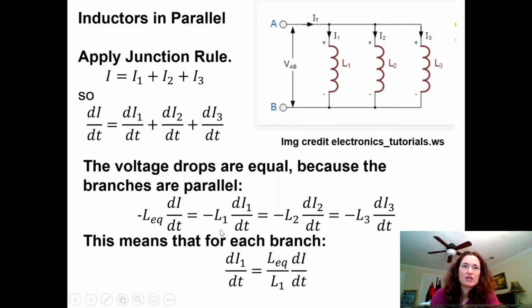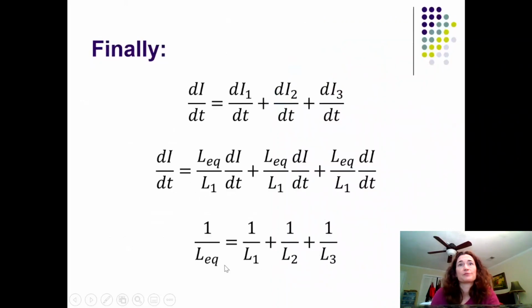So if I take each branch individually and solve for di1/dt, for example, then I would have di1/dt equals LEQ over L1 di/dt. The minus signs would cancel out. Now I can take that value of di1/dt and plug it back into the time derivative of my junction rule.